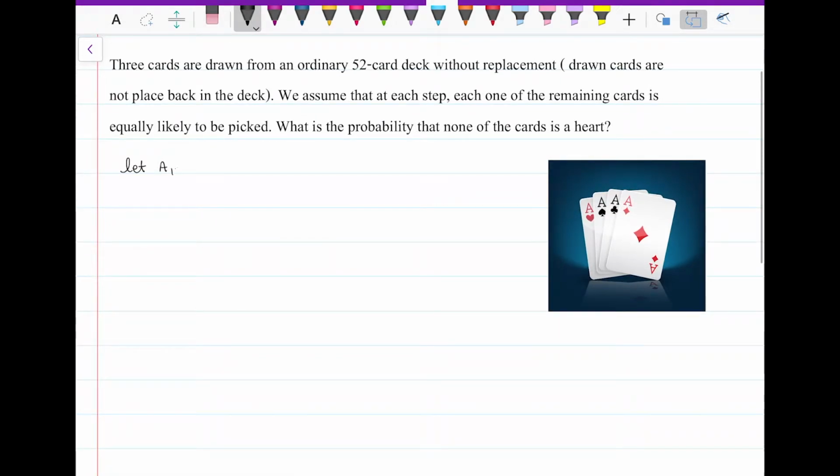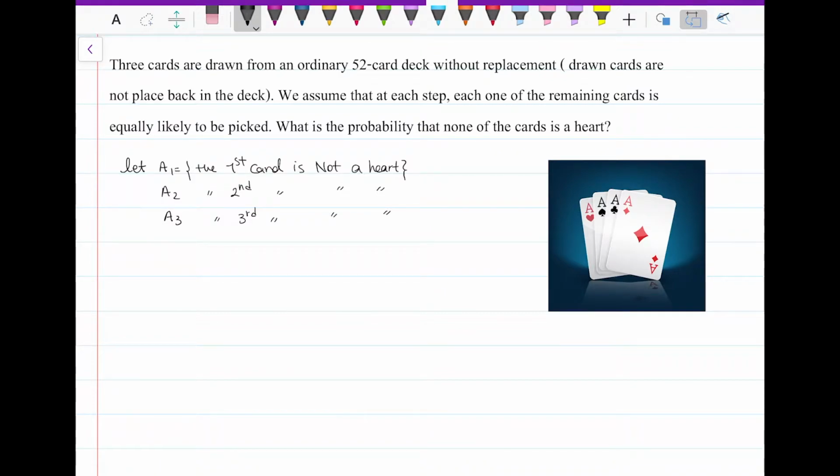Let A1 be the event that the first card is not a heart. Then let A2 be the event that the second card is not a heart, and A3 be the event that the third card, the last card, is not a heart.